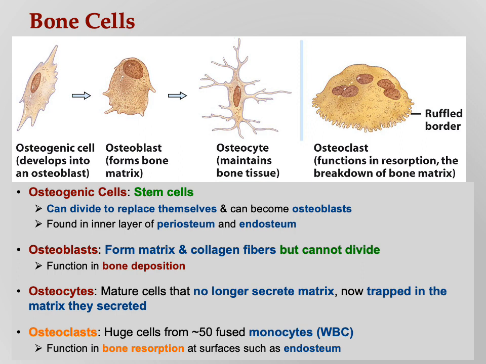So osteogenic cells, osteoblasts, osteocytes, those are all involved in building bone, putting minerals into the bone, and then osteoclasts pull the minerals back out. That's bone resorption. So bone deposition and bone resorption are the opposite of one another, and you need to have both of those occur in order to maintain mineral homeostasis. Okay?